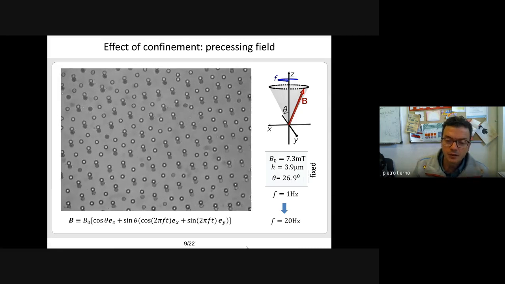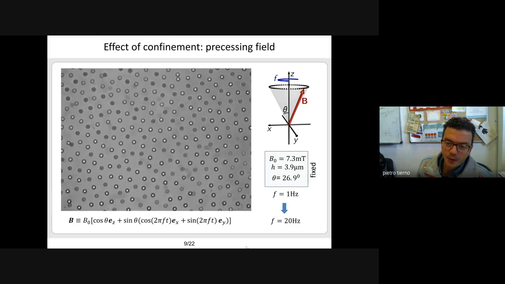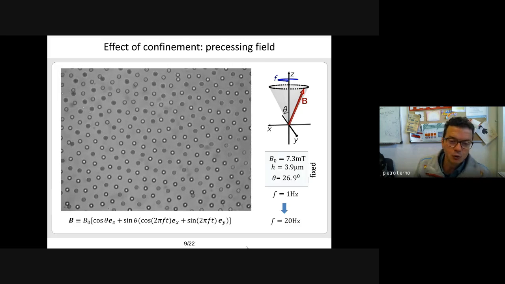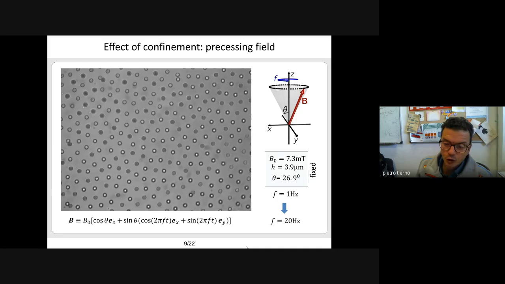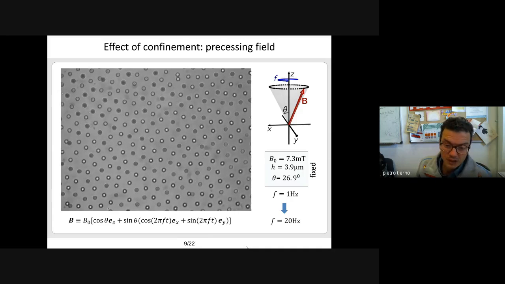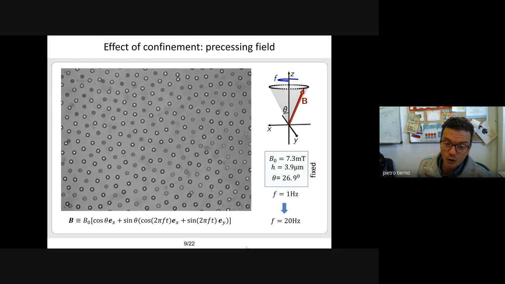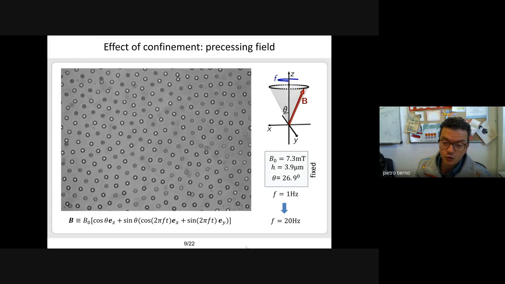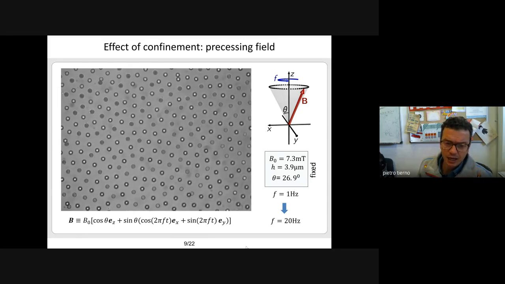When we increase the frequency, you can see that suddenly the system breaks up. Basically, you have, again, two populations of colloids, but they are performing strong vibrational motion. Some of them are localized on the upper surface, some of them on the lower surface, okay? So you have basically a binary lattice.